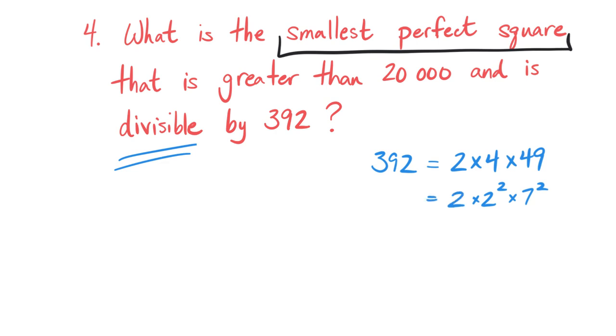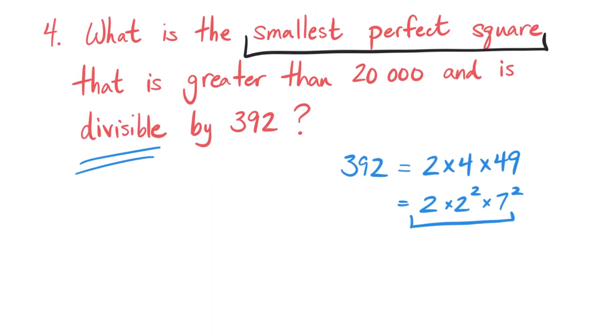Well, a perfect square always has at least 2 of every factor, or exactly 2 of every factor to some extent, so this blue does not give me a perfect square because of the leading 2. So what I need to do is put another 2 in there. That's what I got to do.